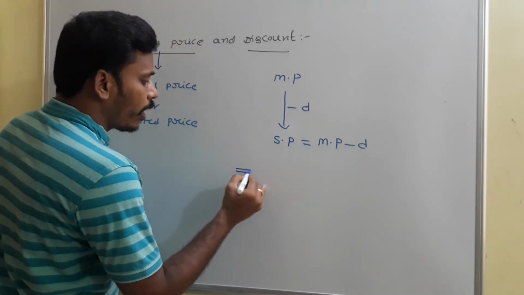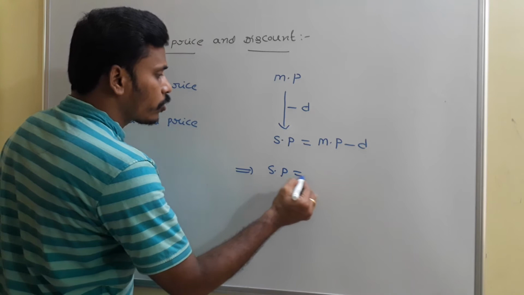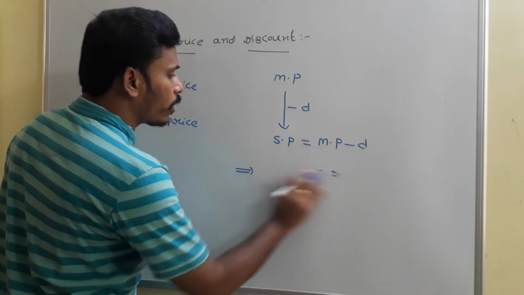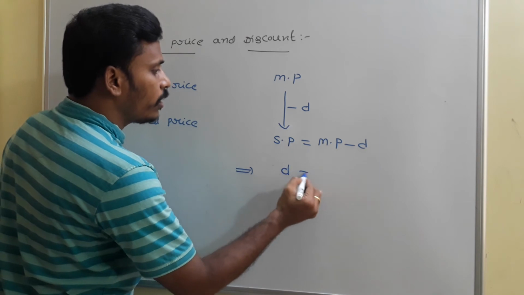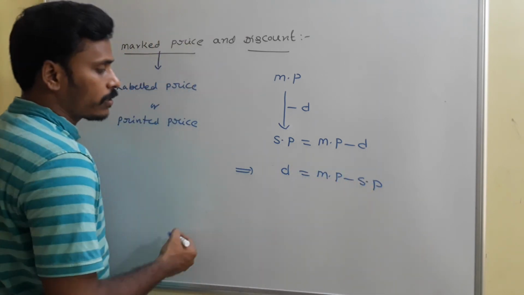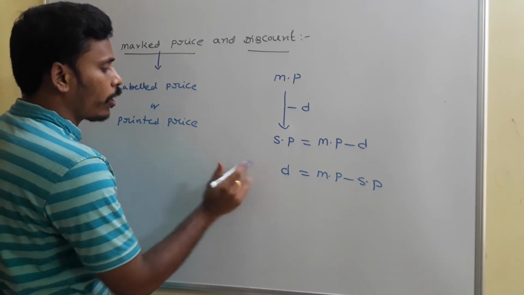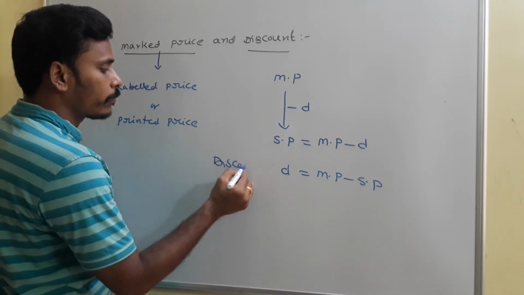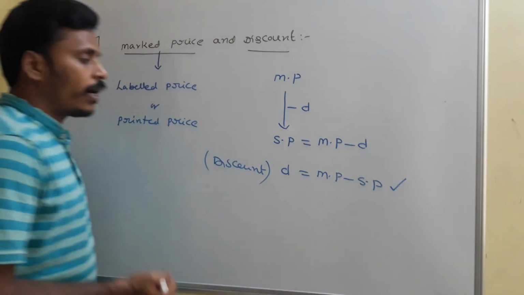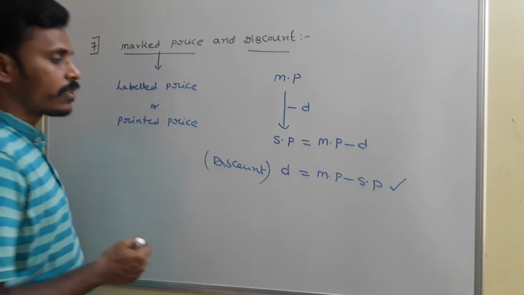And the discount D is equal to market price minus selling price. See, this is the value of discount. This discount usually happens as a difference between market price and selling price.